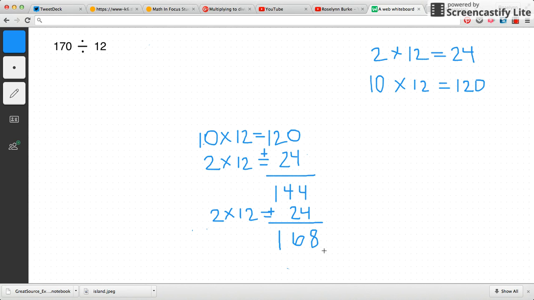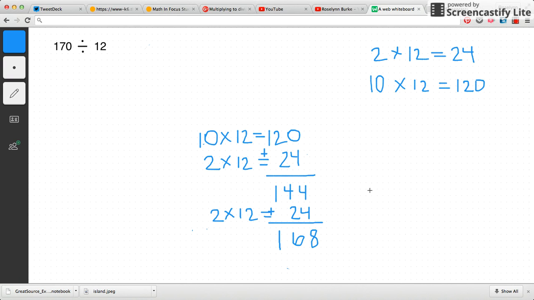I'm going to stop adding groups of 12 because I know that if I were to add another group of 12 to 168, that would give me more than 170. 168 is really close to 170, and it's so close that I can't have any more groups of 12.